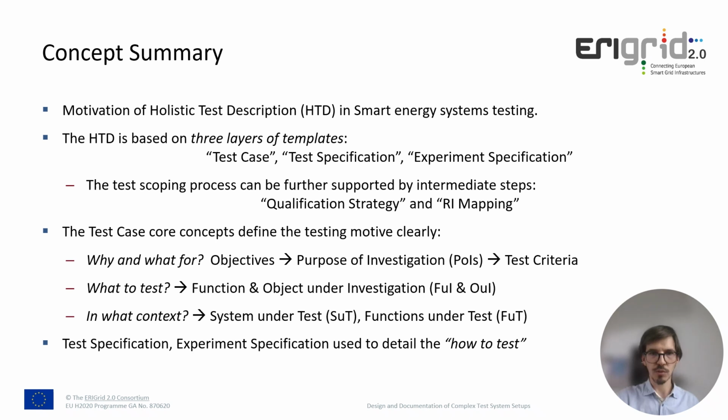And the core concepts have been introduced, which are the objectives, the purpose of investigation, and test criteria. And in terms of what to test, we have the function and object under investigations, the FUI and OUI. And in what context should be tested, we can talk about the system under test and the functions under test. The test specification and experiment specification are then detailing the how to test part.